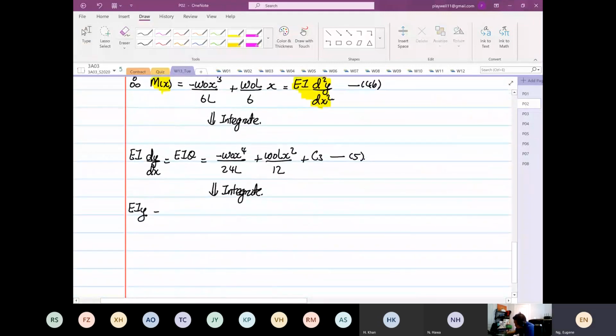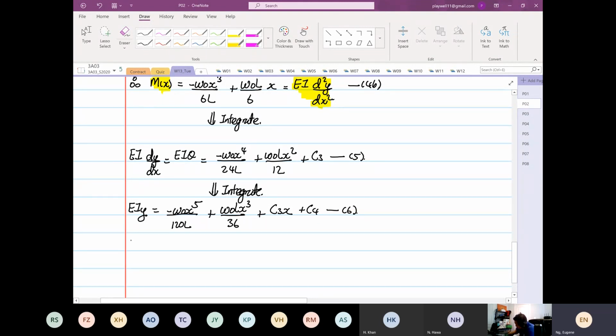So from here, you have EIy equal to minus omega naught x^5 over 120L plus omega naught L x cubed over 36 plus C3x, and then finally plus C4. So this is your equation number 6.